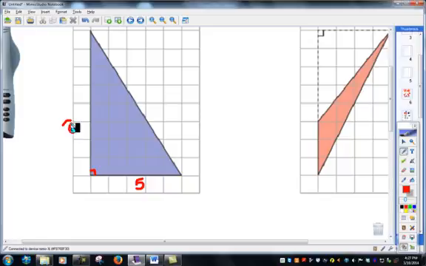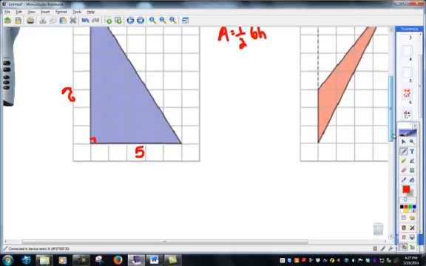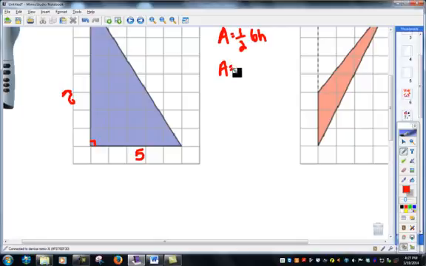By 8 units. Your formula, which has to be written every single time, is 1/2 BH. The area equals 1/2 times 5 times 8. You could type that into your calculator as one step. I'm fine with that. Oops, I'm sorry, it's supposed to be 8, not 7.